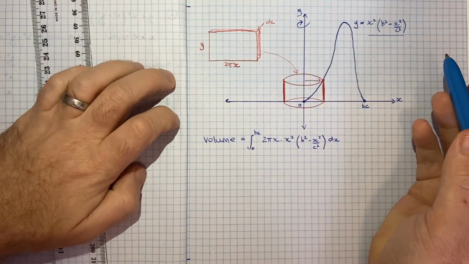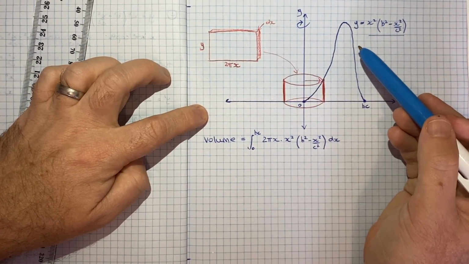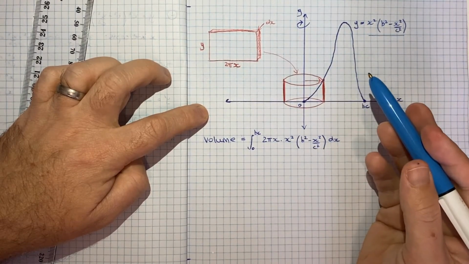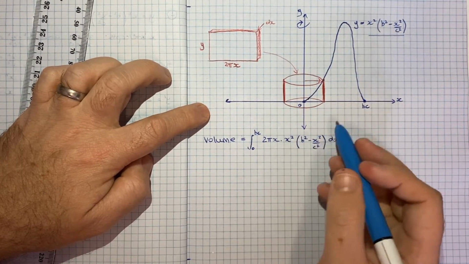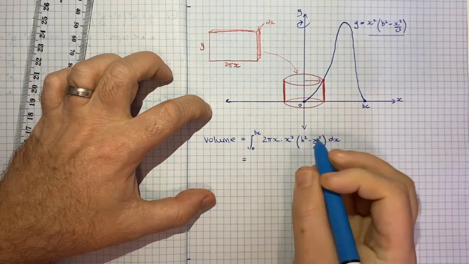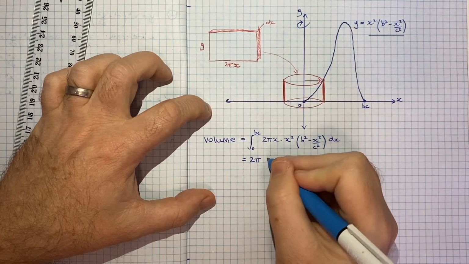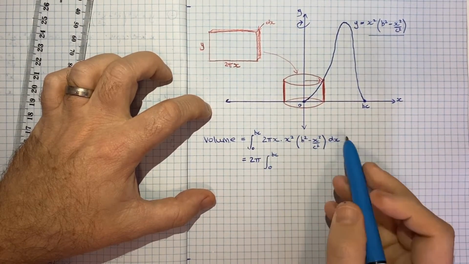And again, just like before in question 1, once you've visualized what you're dealing with and you've developed your integral, it then just becomes a question of integration. And I'll just simplify this, but we'll see it's not going to be a particularly difficult thing to integrate. So I could probably bring out my 2 pi, and then we'll have our integral between 0 and bc.